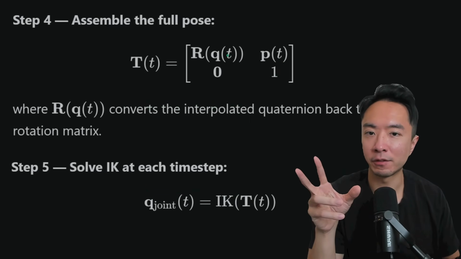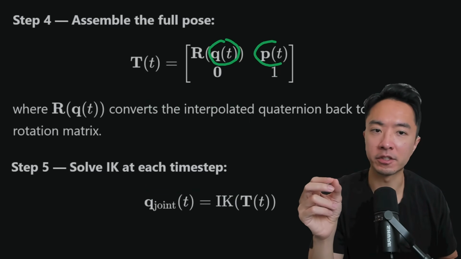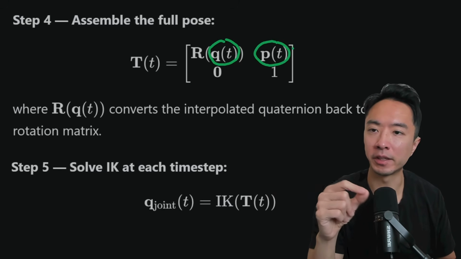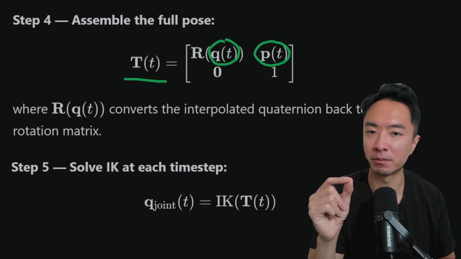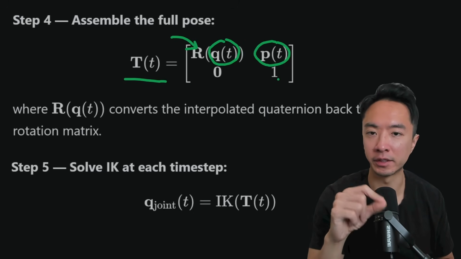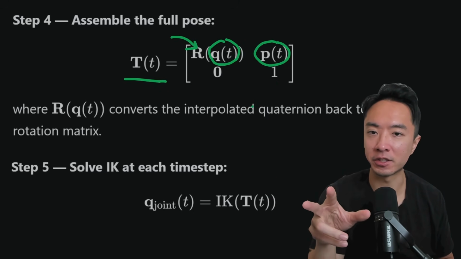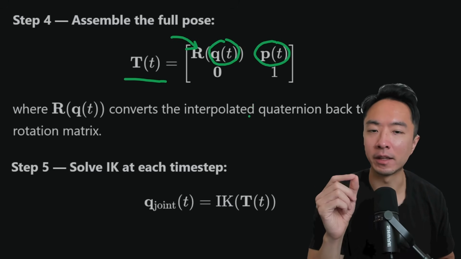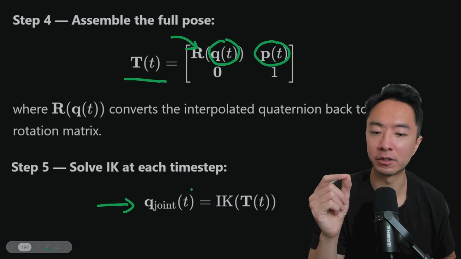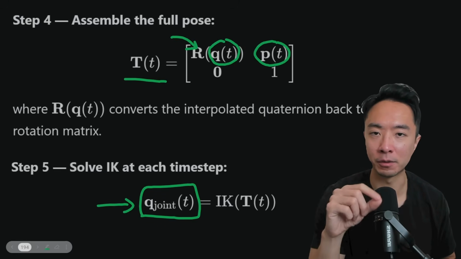So now that we have the quaternion as a function of time and the positions as a function of time, we could plug it back into our transformation matrix. This part right here just means we're converting our quaternion to a rotation matrix. And once we have our transformation at each time step, then we could plug it back in here to our inverse kinematics to find our joint angles at every pose.